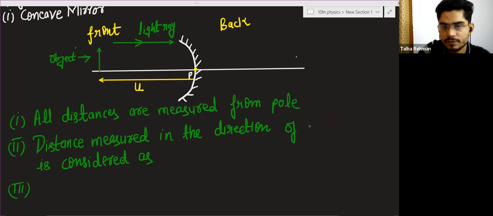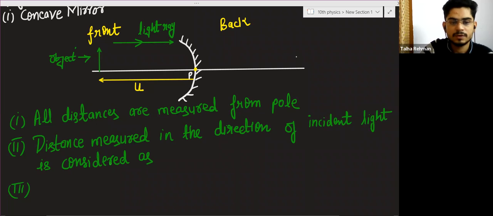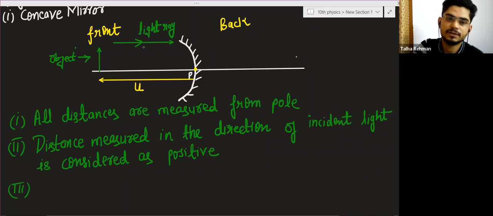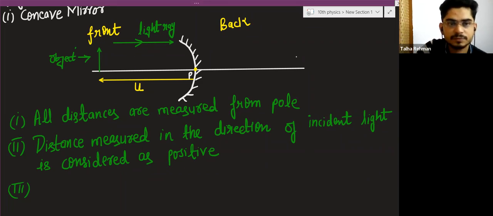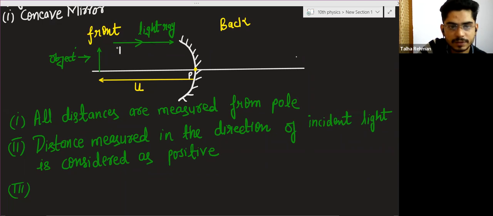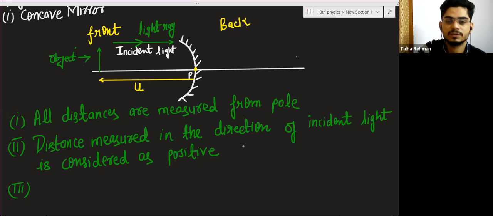In the direction of incident light, considered as positive. This is light ray, incident light ray. Okay, I'm writing here incident ray. This is incident light.